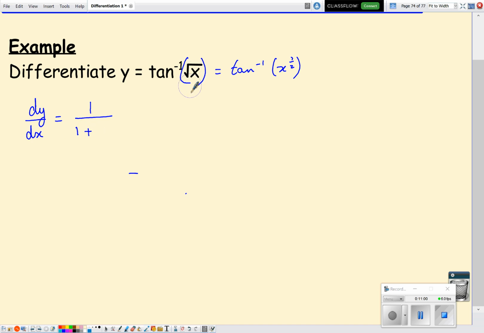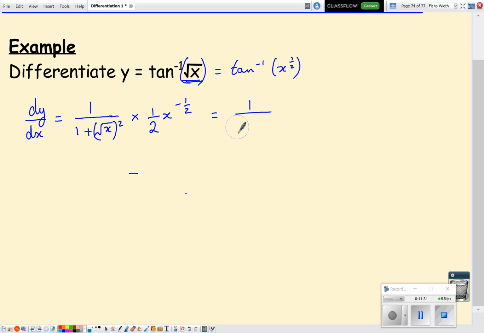Now, I know I've written it as x to the power of a half here, but if you look at this, this is root x, and root x is going to go here squared. That's actually quite handy because we know that that's just going to become x on the next line. Times the derivative of x to the power of a half, so that is a half x to the power of negative a half. So we've got quite a bit to tidy up here.